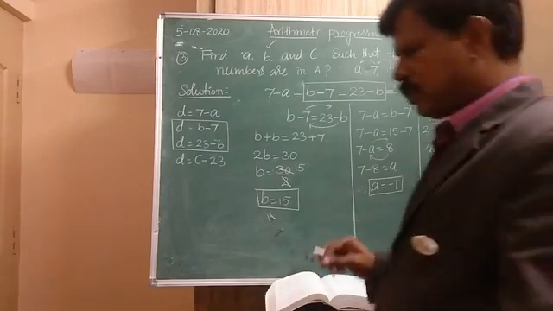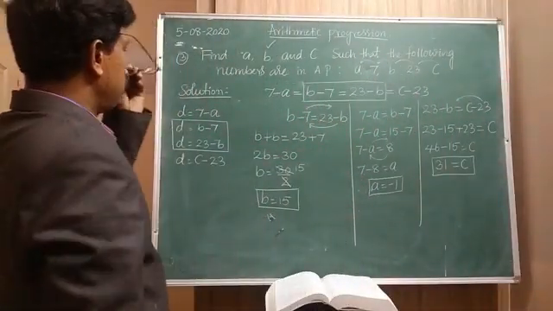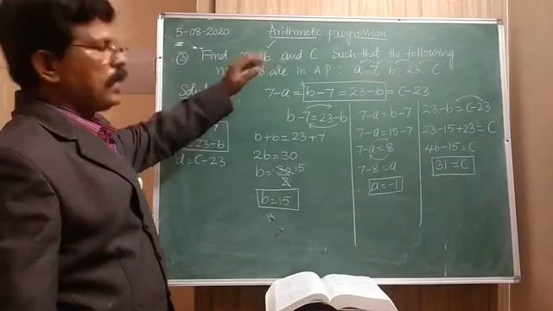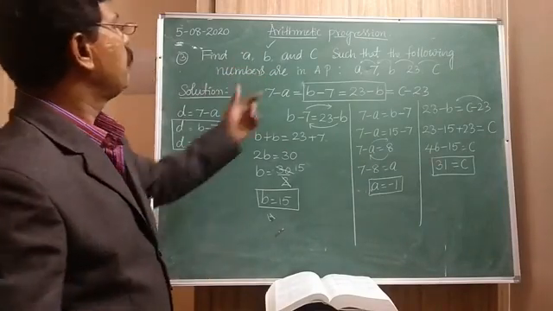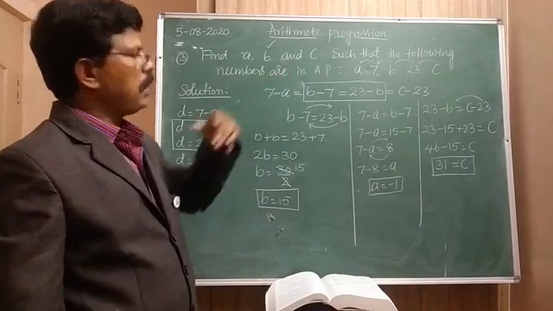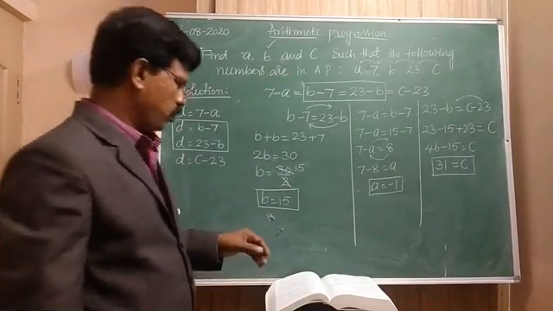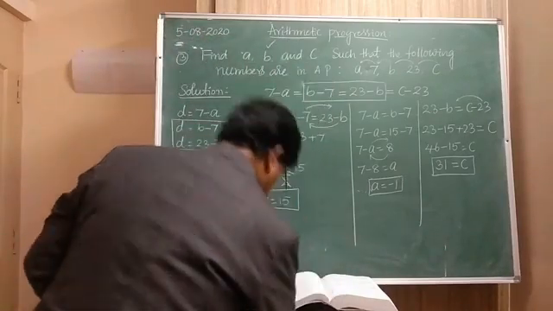Yeah, this is how to find the missing values, or what they ask, A, B, C value, when the AP is given like this. Clear? Now, next.